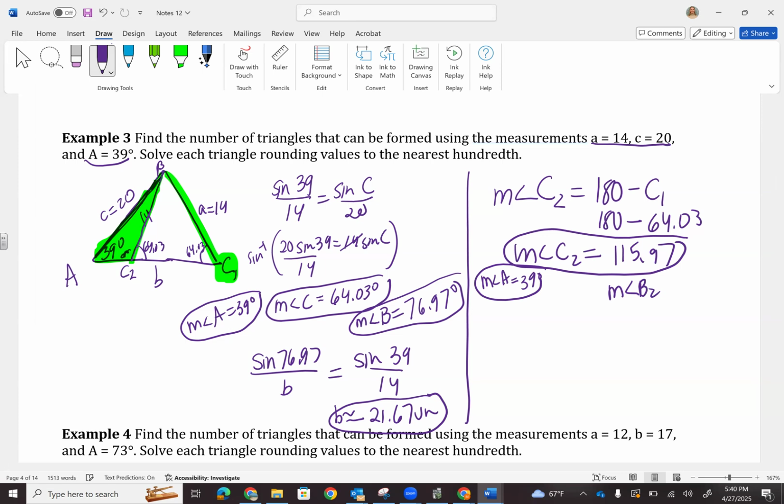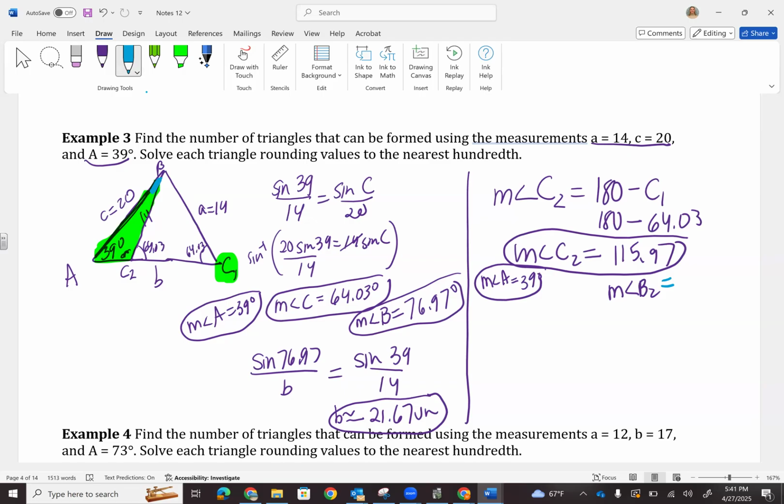On this more narrow triangle, where would B2 be? It would be up here at the top. The bigger triangle had a big B; the smaller, more narrow one would have a smaller B. So let's check and see if there's enough degrees to make it happen.